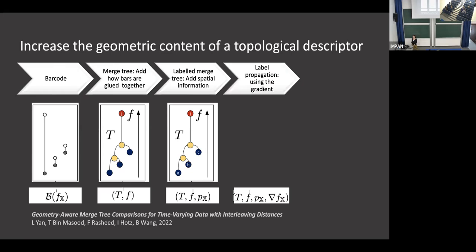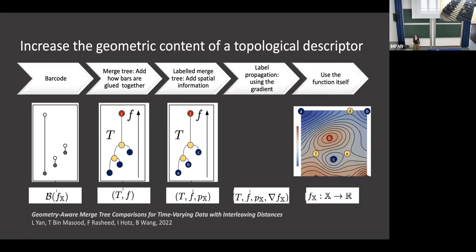We also can add some gradient information that we use for the propagation, and the end of the story would be that we are going back to the original field and consider the entire field and the entire embedding. So what I will mostly talk about today are applications that use a labeled merge tree for comparison or for tracking.